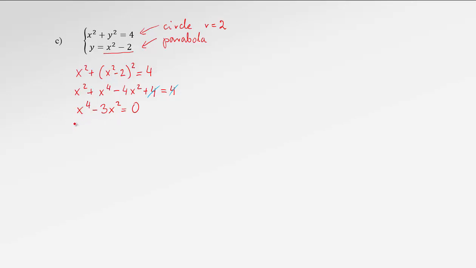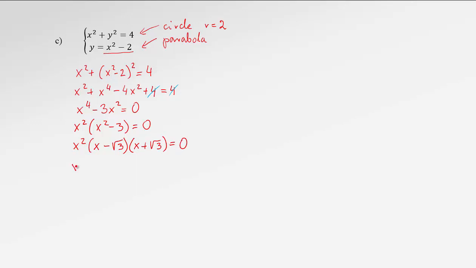We could factor out x squared, and we end up with x squared times (x squared minus 3) equals 0. The second bracket can be considered as a difference of squares, so we could factor it as (x minus root 3)(x plus root 3). And this x squared will produce 0.